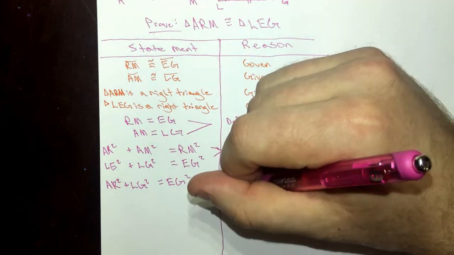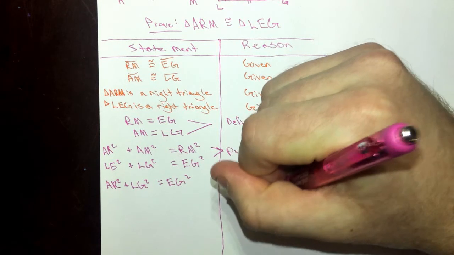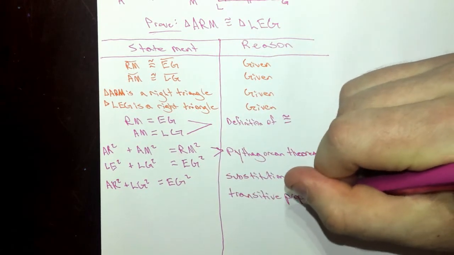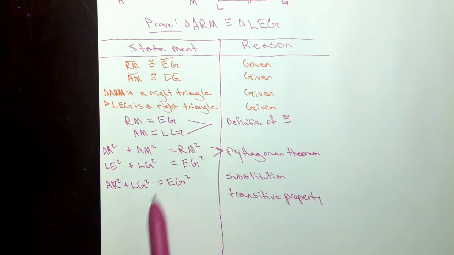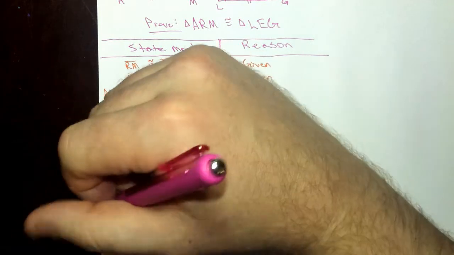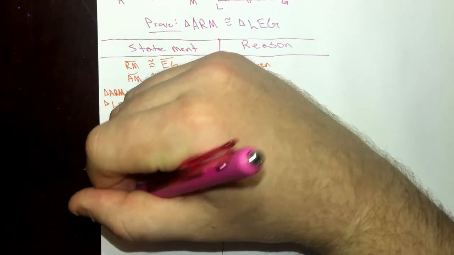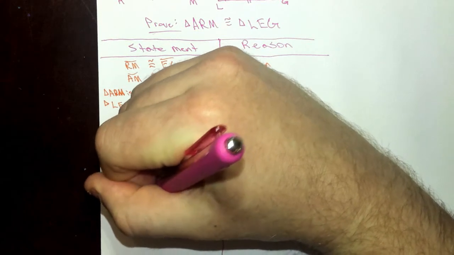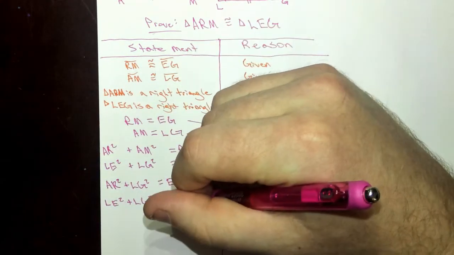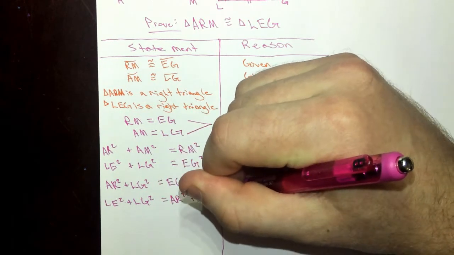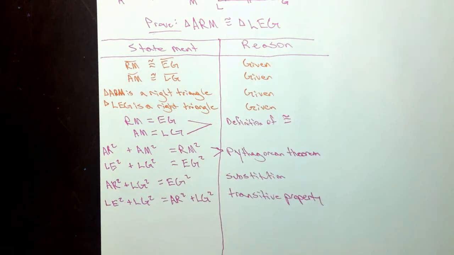And the transitive property tells me that things that are equal to the same thing are equal to each other. So I can set these 2 sides of the equation equal to each other. That would look like LE squared plus LG squared is equal to AR squared plus LG squared.